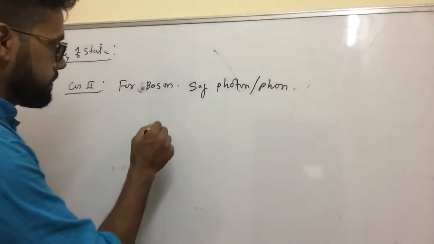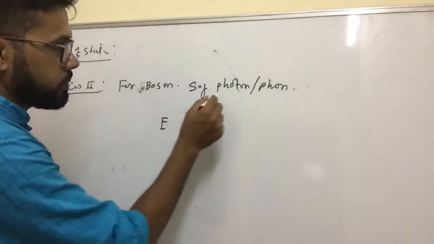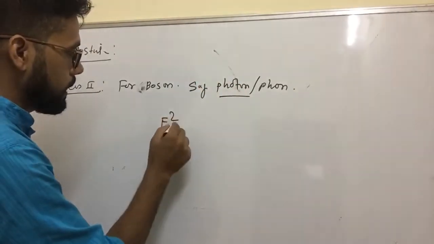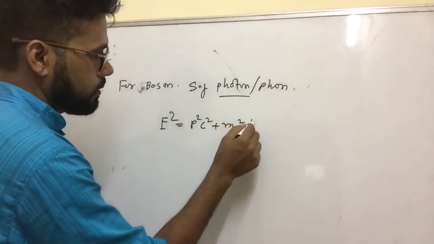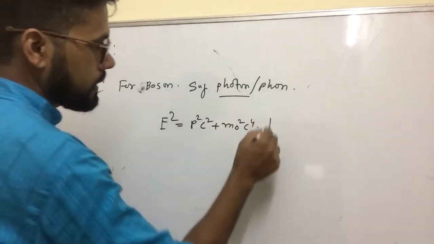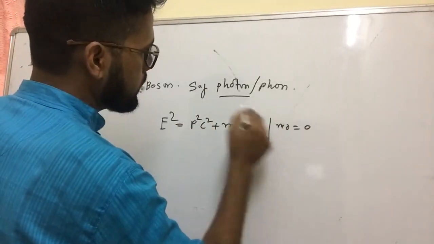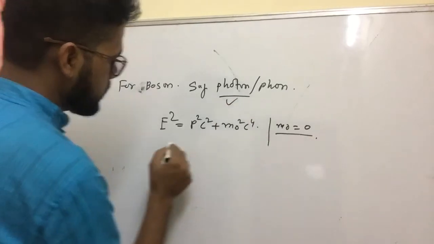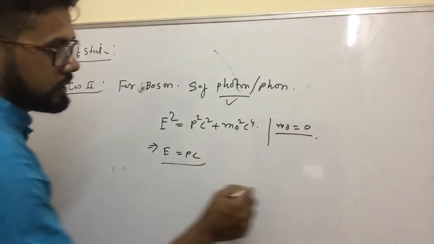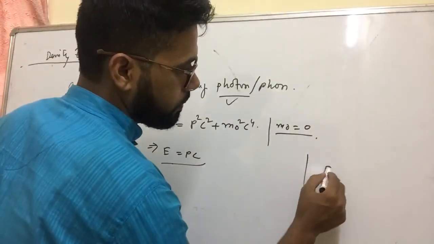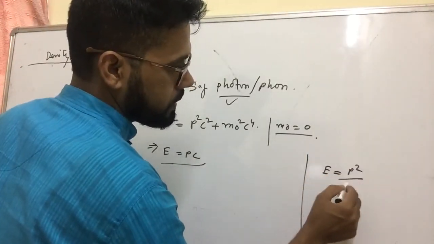In that case, the rest mass of both is 0, so we have to use E square equals p square c square plus m naught square c to the power 4, where m naught is the rest mass. In the case of a photon the rest mass is 0, so this equation becomes E equal to pc. Earlier, in case 1, we were replacing E equal to p square by twice m.